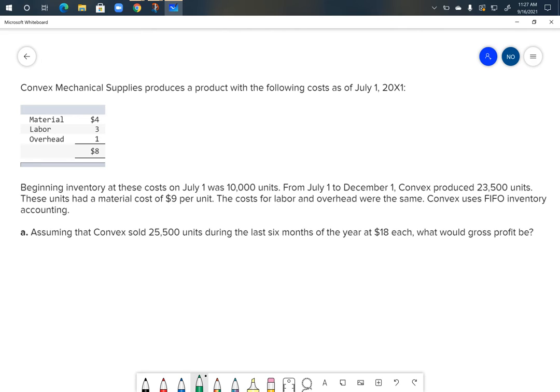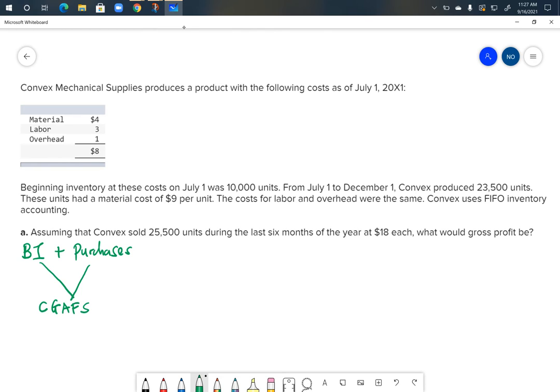So with this problem, the best way to approach the inventory accounting is this. From what we know, beginning inventory plus the purchases result in cost of goods available for sale.